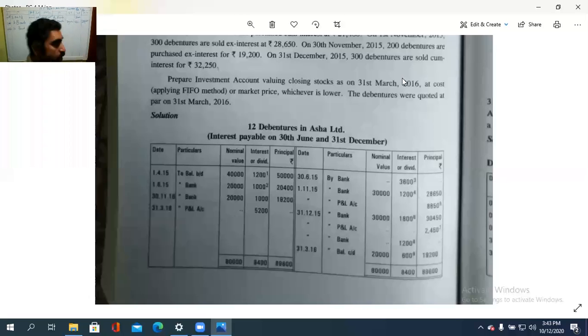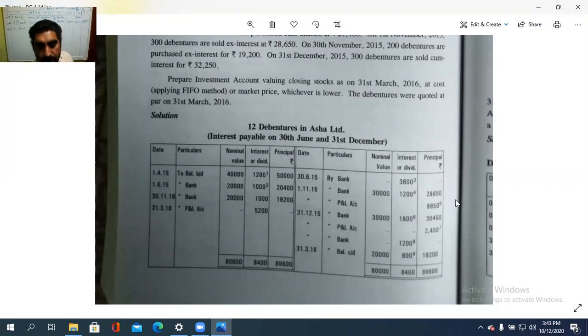So how much is the interest calculated? 20,000 into 12 by 100 into 5 by 12. That is 1,000. Because 5 by 12 means, see, 16, 17, 18, 19, 110, 111. See, 30, 11. So 5 months is there.